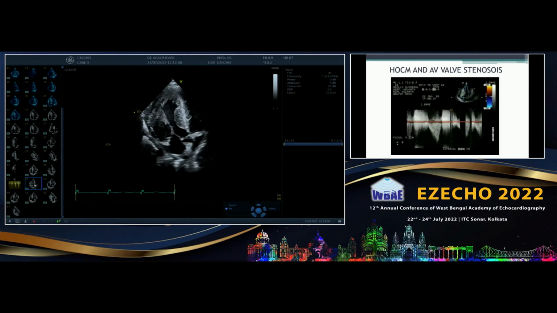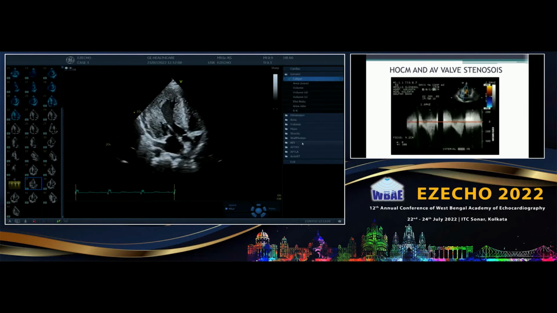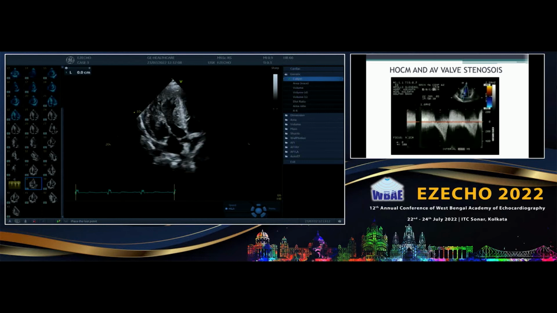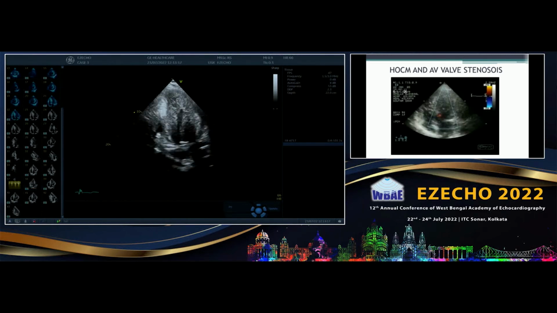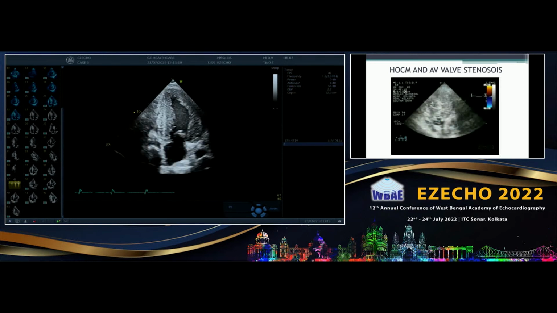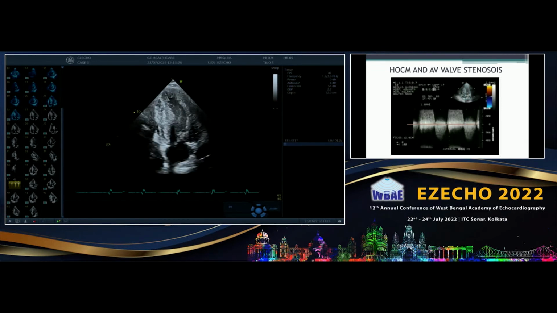Amyloid is a different issue. So there is a difference. These are all the rule of 10%. What he asked was, first, what will happen to the strains in this particular patient? Then we'll go to the other afterload things that can cause it.